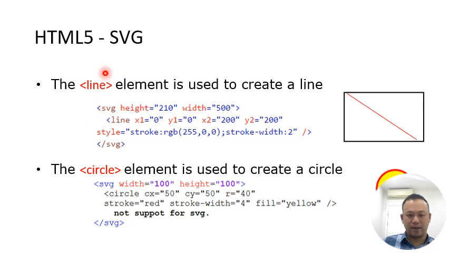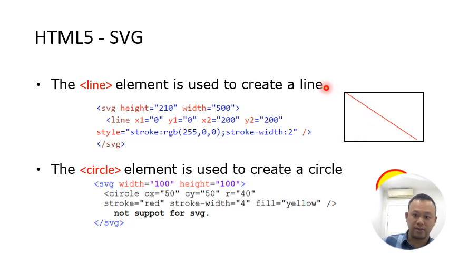So we also have line and circle elements. This is an example of a line and circle drawn with SVG. The line tag here draws a line, with x1 and y1, x2 and y2 representing the starting point and the ending point, and stroke sets the color of the line.